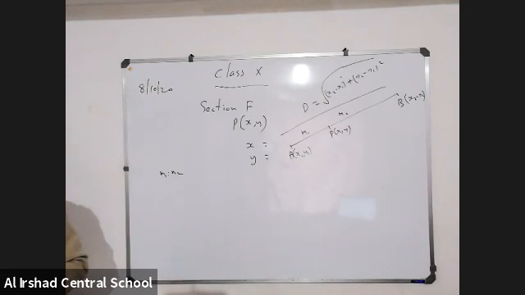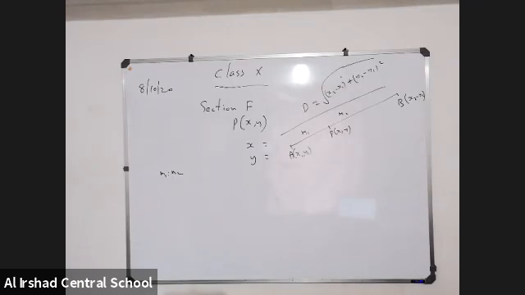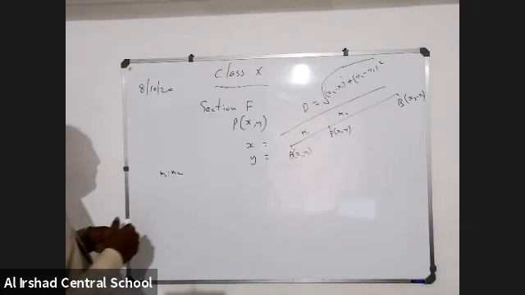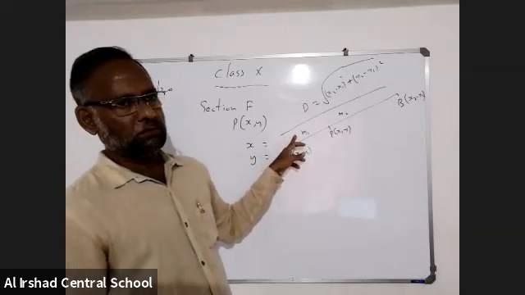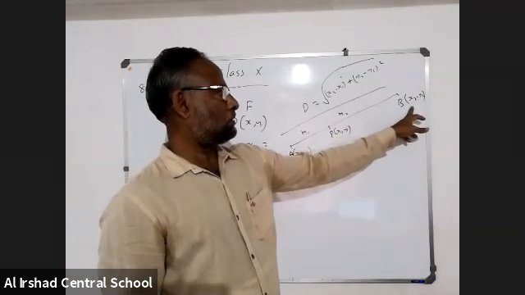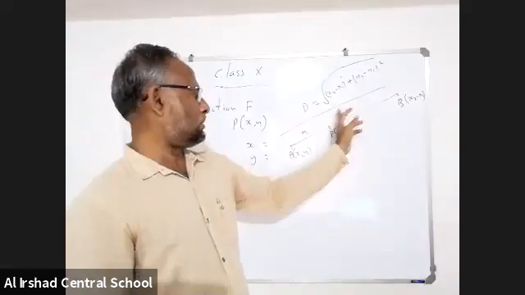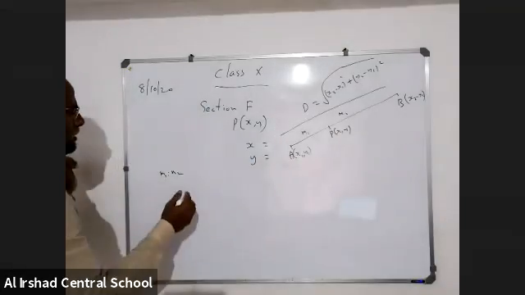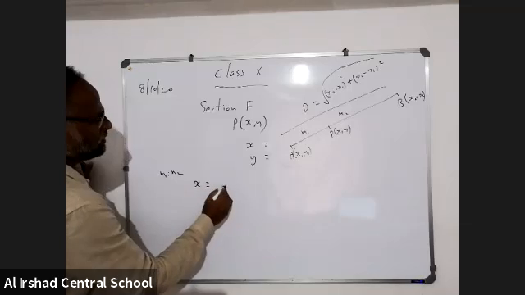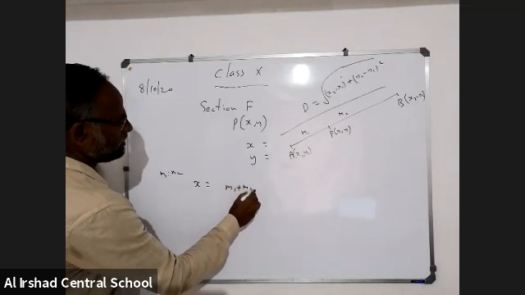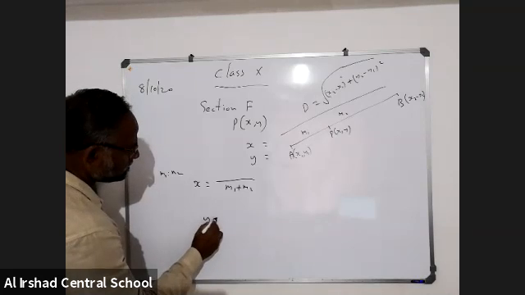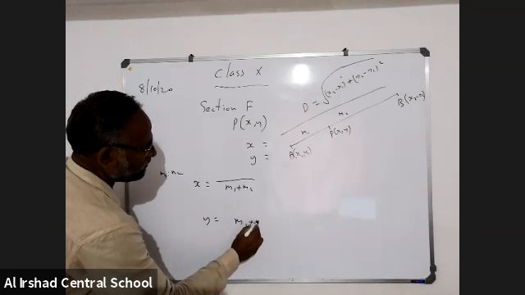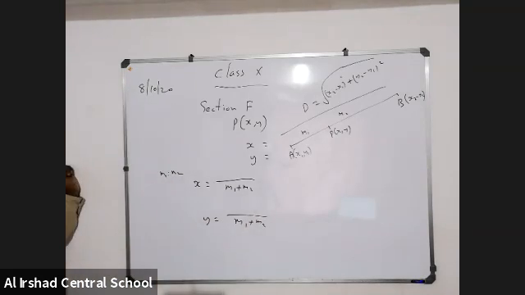Then y coordinate of that. This formula, all of you have to study this formula. It is not hard, I told you. x coordinate is equal to m1 into x2 plus m2 into x1 divided by m1 plus m2. Y coordinate also, denominator no confusion, m1 plus m2.